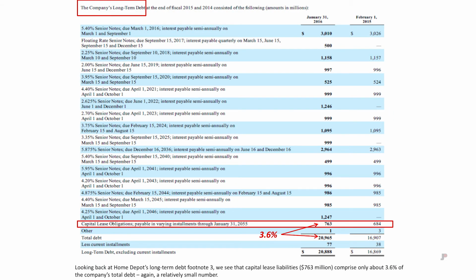Looking back at Home Depot's long-term debt footnote 3, we see that capital lease liabilities, $763 million, comprise only about 3.6% of the company's total debt. Again, a relatively small number given how many of Home Depot's stores are leased.